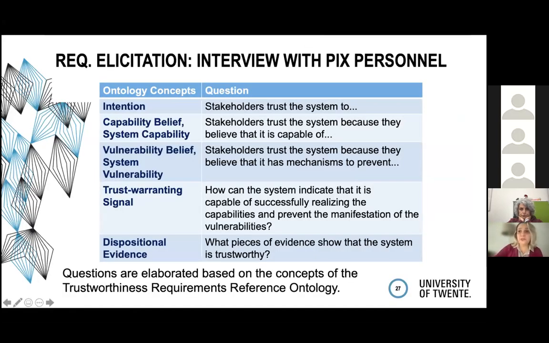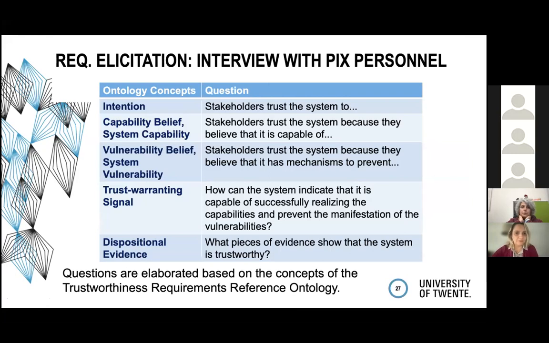So to illustrate the elicitation with the trustworthiness case, here there is a table in which we took all these concepts from the trustworthiness requirements reference ontology: intention, capability, belief, system capability, and so on. And we created questions based on such concepts. The stakeholders trust the system to which intention, right?